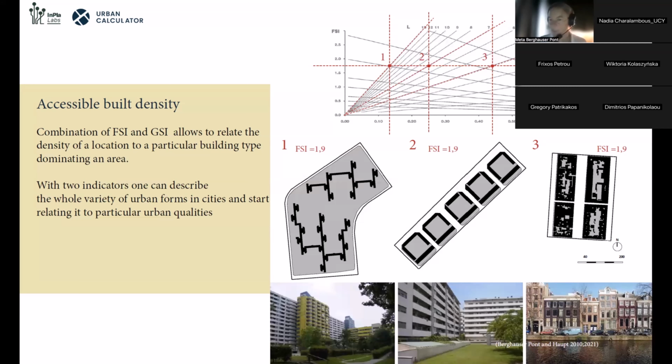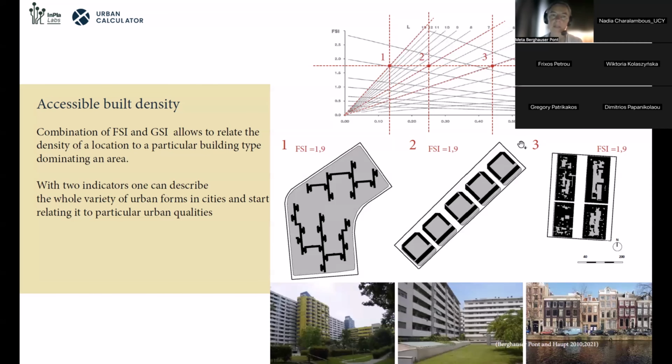But as we see, they are very different in nature and character, which is explained by the difference in height and the difference in coverage. By knowing the coverage and the floor space index, we also know the height. So this set of variables linked to density is what we have identified as important for the urban calculator and is embedded there.